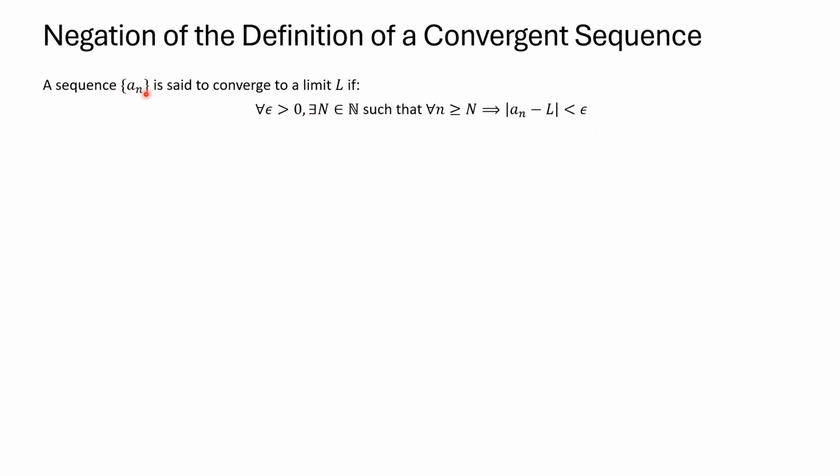A sequence a sub n converges in the limit to some number L means that for every epsilon greater than 0, there exists a capital N in the natural numbers, such that for every small n greater than capital N, the absolute value of the difference between a sub n and L is less than epsilon. So your sequence gets closer and closer to L as you take bigger and bigger values of n.